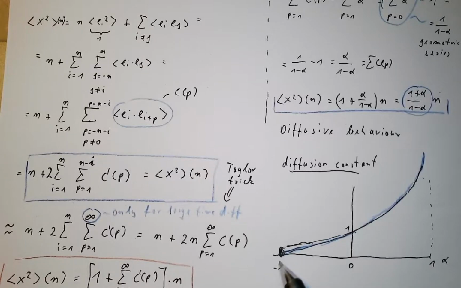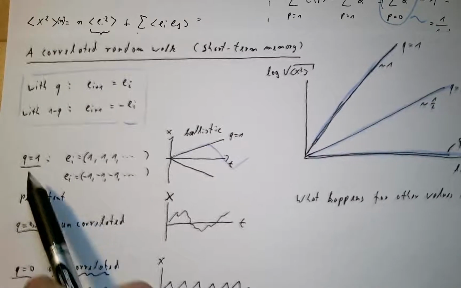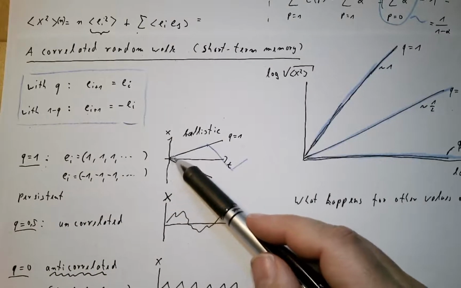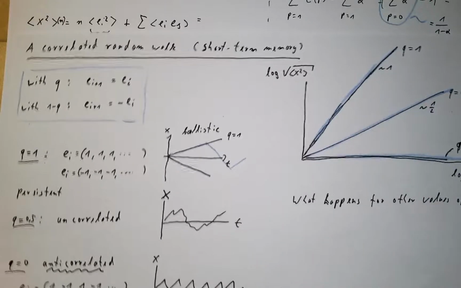If alpha is -1, so q equals 0, the walker doesn't proceed at all. For alpha equals 0, meaning q equals 0.5, we have our normal diffusion constant. And if alpha goes to the limit of alpha equal 1, our diffusion constant goes to infinity. This means in this case here, q equal 1, we approach this ballistic movement, and so we have a very strong diffusion constant.